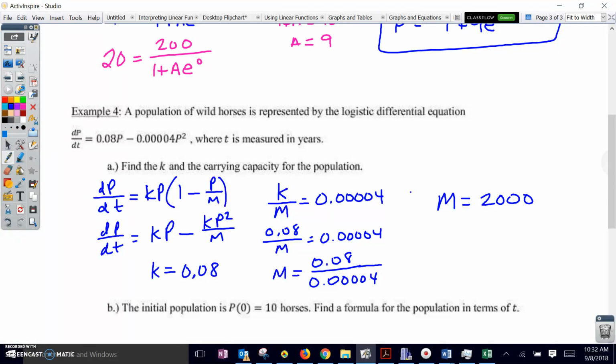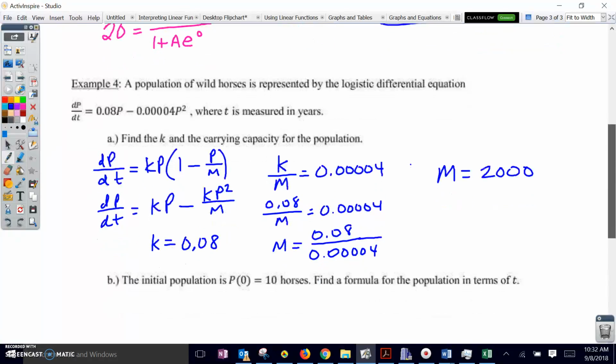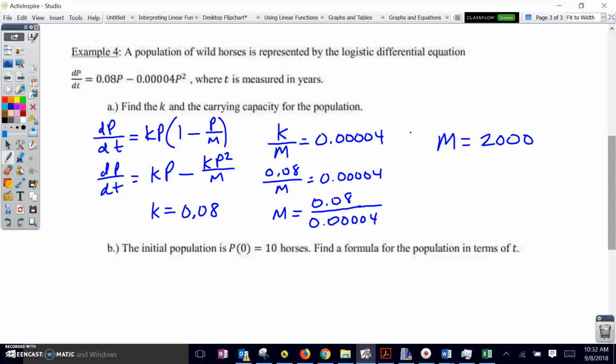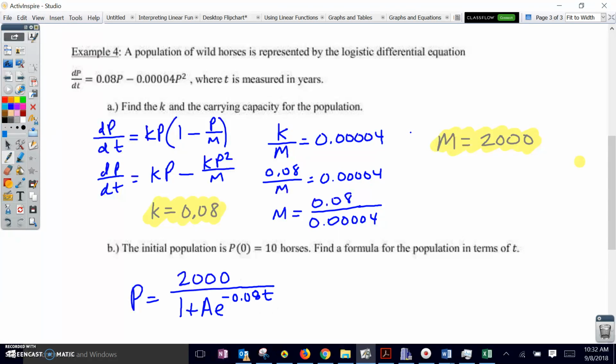Now in part B, we're told that the initial population is 10 horses, and we're supposed to find a formula for the population in terms of t. Well, now from part A, we know the k value and we know the n value. We're going to go ahead and substitute those into our population formula. So we get population is equal to 2,000 over 1 plus a e to the negative 0.08t.